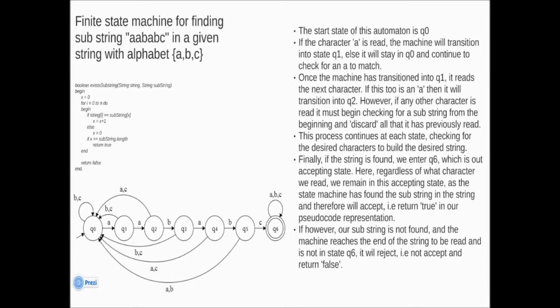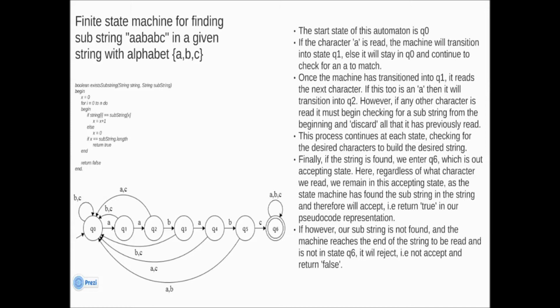For example, the idea is we start in Q0, and if we read an A, which is the first character in our chosen substring, we will transition to state Q1. Otherwise, if we read a B or a C, we stay in state Q0. Once in state Q1, if we read another A, which is the second letter of our chosen substring, we will transition to Q2. And there, if we read a B, an A, a B, and a C, in that order, we will then reach Q6, which is our accepting state.